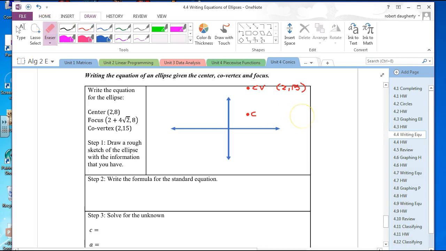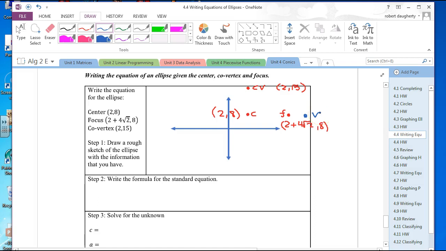Yeah. So if this was 2, 8, somewhere 2 plus 4 root 2, 8 is a focus. That's going to be somewhere over here. So that means somewhere over here is going to have to be a vertex.